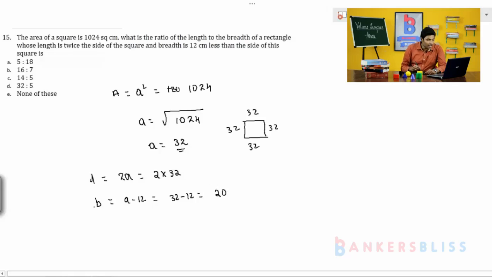Now we have to calculate the ratio of length and breadth, that is L by B, which is equal to 2 into 32 divided by 20, which is 32 by 10. Next, 2 16s are 32, 2 5s are 10, so your answer is 16:5. So therefore, none of this is the right answer.